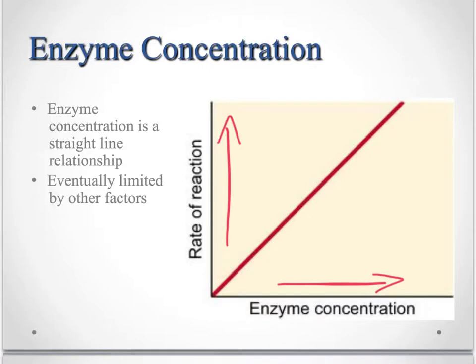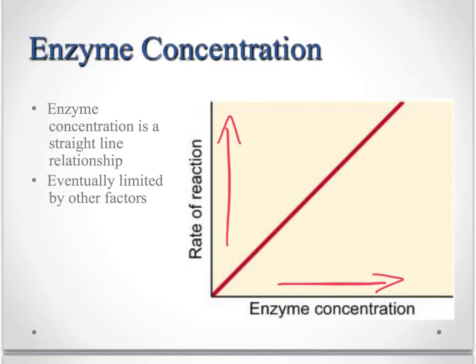But at some point we are going to have another factor start to limit it. That factor could be a build-up of product which may inhibit the enzyme. It could be temperature, it could be pH. Things like that can end up changing when the rate of reaction gets very high.